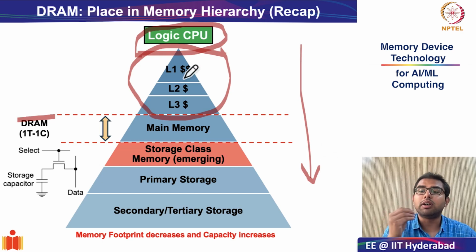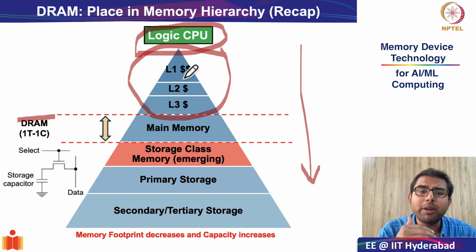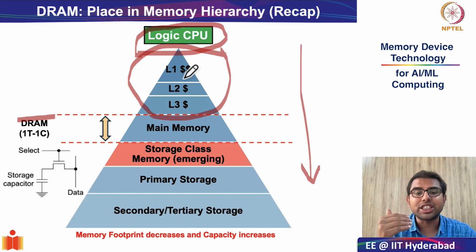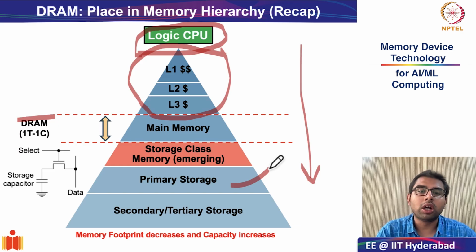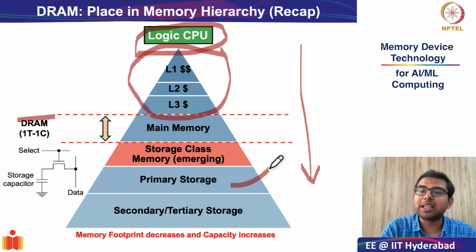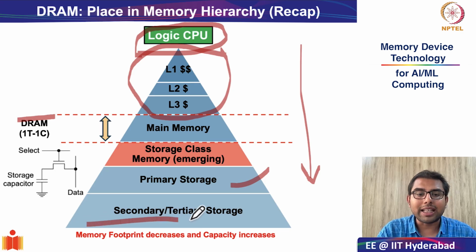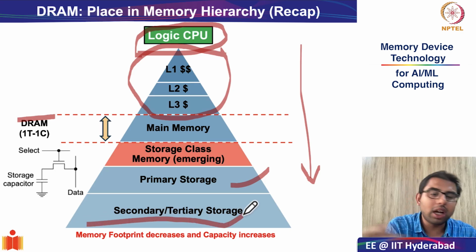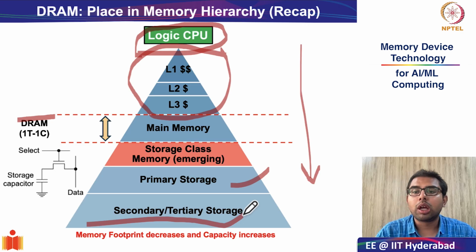The caches are the fastest, the main memory is slower than the caches, and then is your primary storage or your secondary storage. While we compromise on latency, what we are trying to optimize or increase, as shown by the base of the triangle in the memory hierarchy, is higher and higher bit density or larger and larger memory capacity.